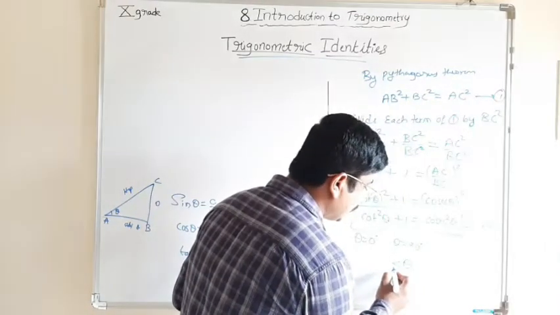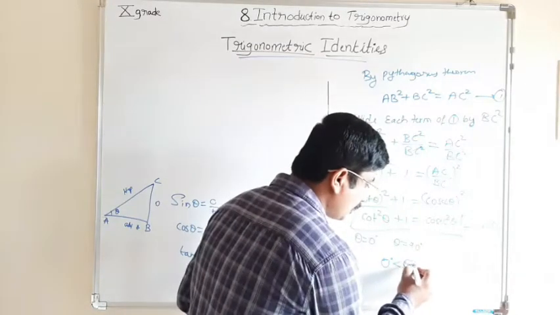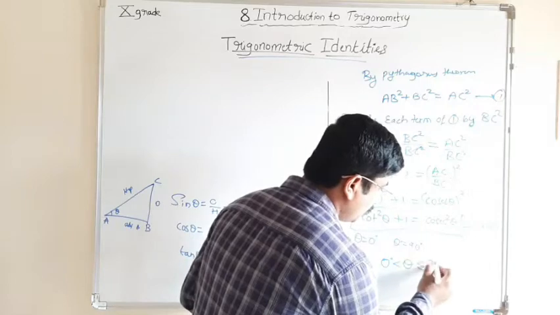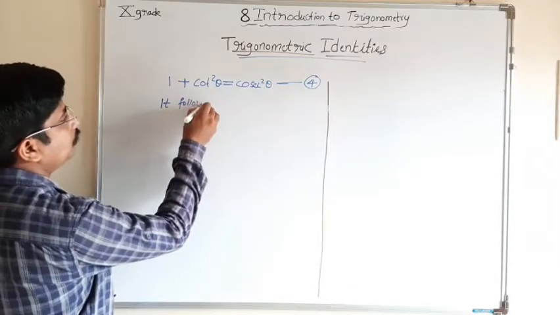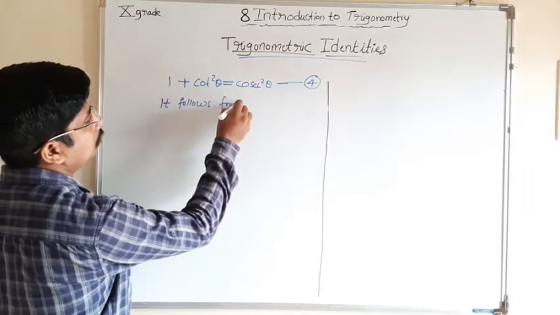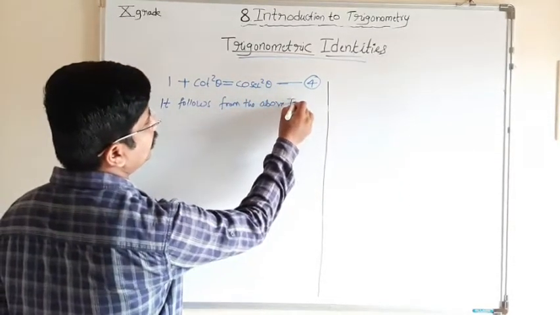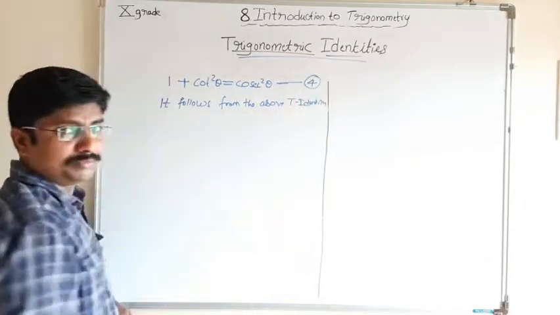when theta is greater than 0 degree, less than or equal to 90 degree. Understood? It follows from the above trigonometric identity, or from 4.